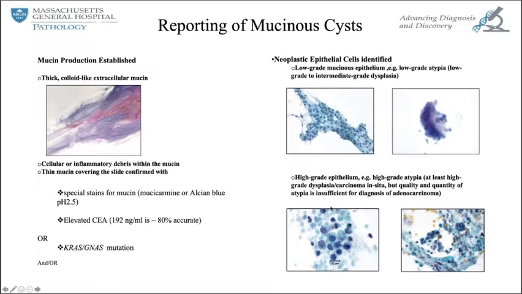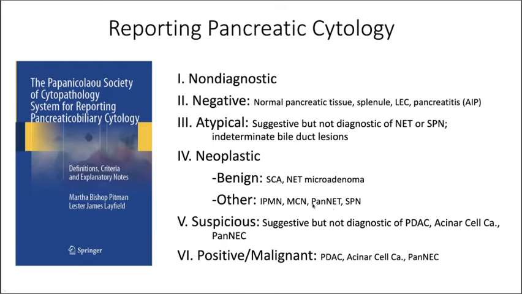They could die trying to remove a 1.5 centimeter well-differentiated grade 1 neuroendocrine tumor and probably would not die of that neuroendocrine tumor. So putting it into a neoplastic other heading allows that surgeon to have a conversation with that patient that their neoplastic other cytology report shows that he has a neoplasm, but one that's not positive for malignancy.